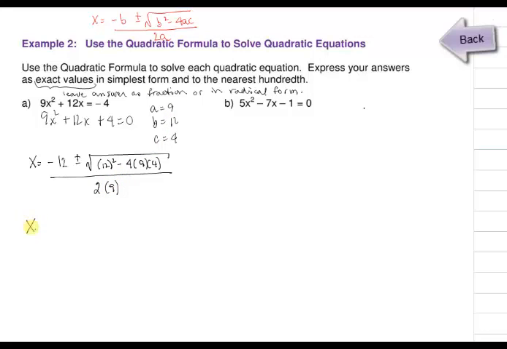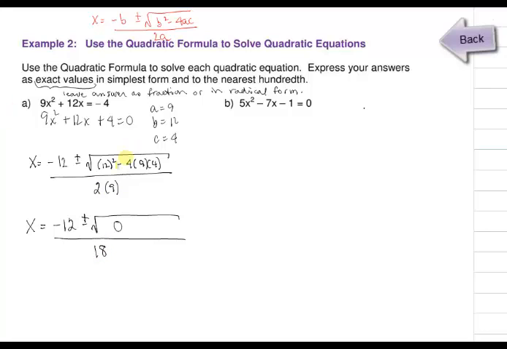Okay, so we're going to start by simplifying what's inside the radical. And we will square our 12 and then minus 4 times 9 times 4. That gives us 0 all over 2 times 9, which is 18.